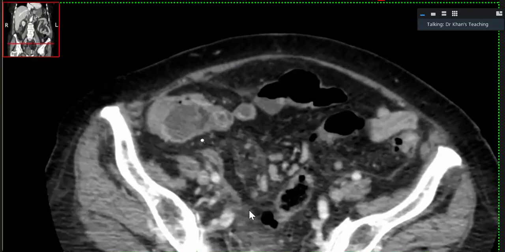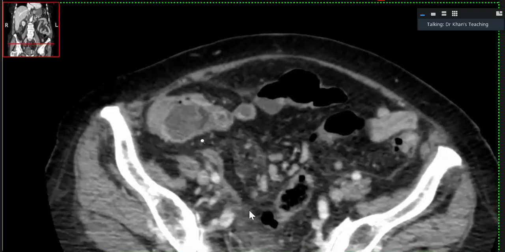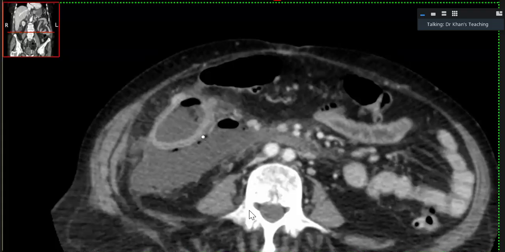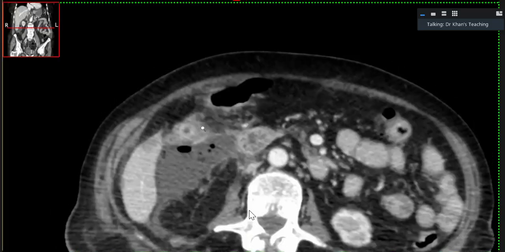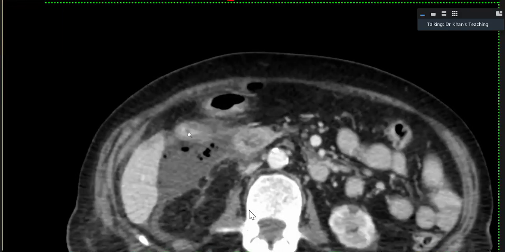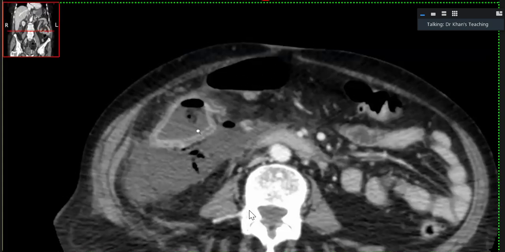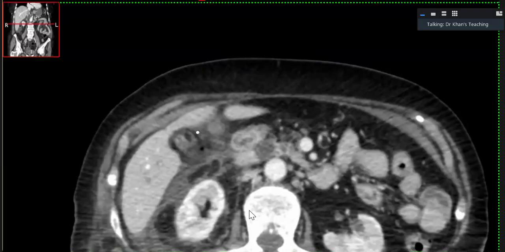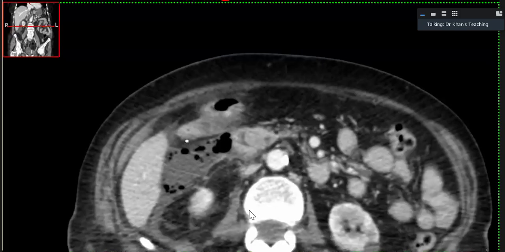Now, as we go superiorly, sorry, I've gone inferiorly, so I will go superiorly. As I go superiorly, we are coming to the hepatic flexure. At this point, what is happening? You can see this enhancement. I come into the lumen here, and then what is it continuous with?